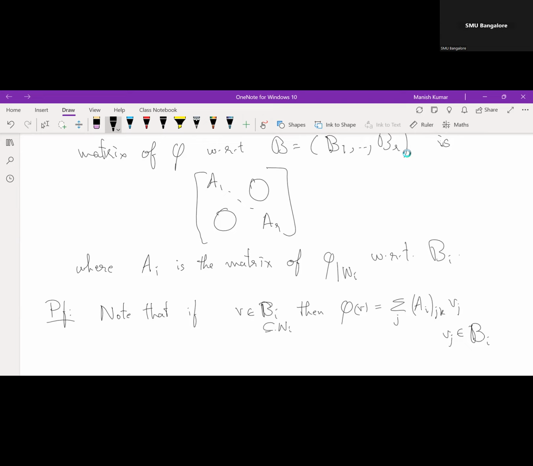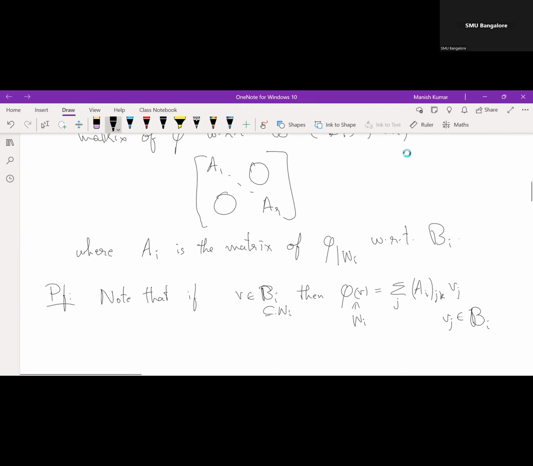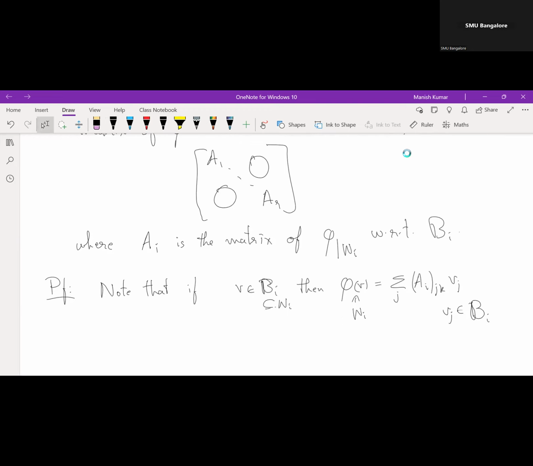So you can write phi of v as a linear combination of elements of BI, because BI is a basis of WI and phi of v belongs to WI. The way you write it depends upon the matrix AI, which is the matrix of phi restricted to WI with respect to BI. So the other entries are zero. Above and below it will be all zeros.